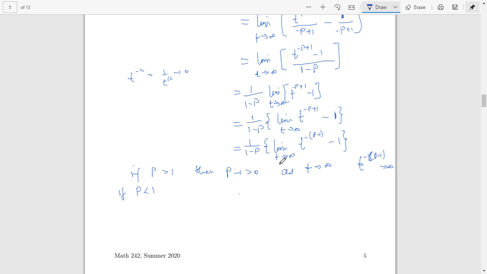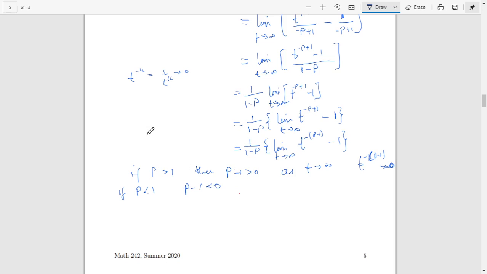Now, assuming my p is less than 1, that's the second case. If p is less than 1, then p minus 1 should be less than 0, because p is less than 1.